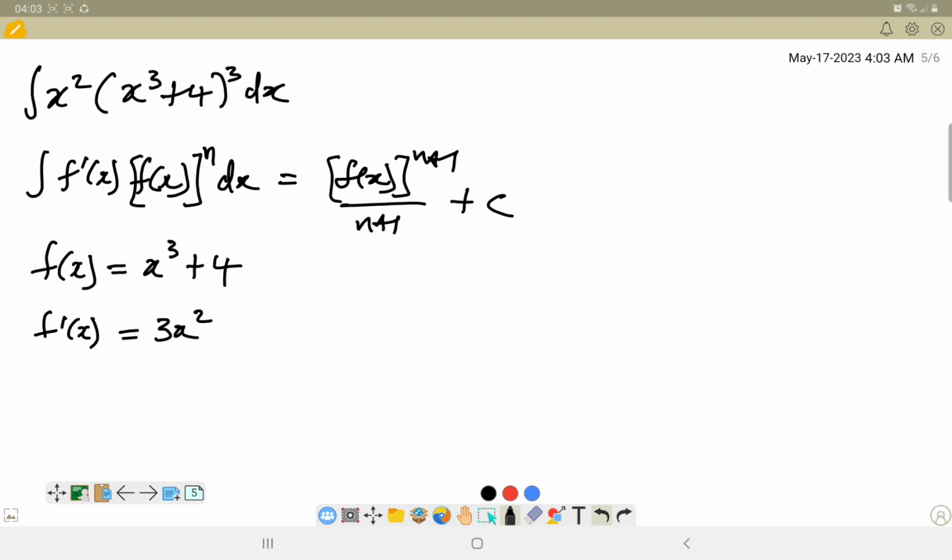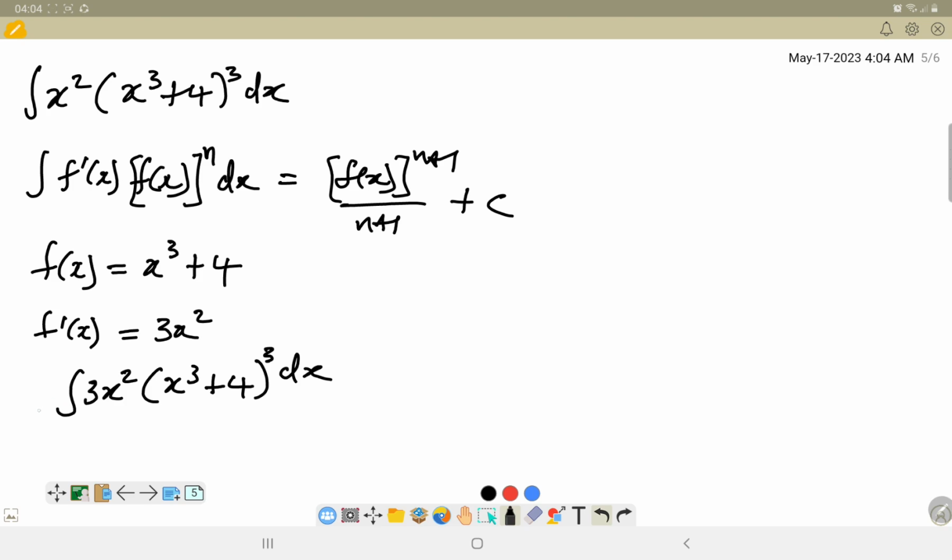Then we can see that on our question there, the derivative of f of x is not exactly the way we want it. So we can multiply x squared by 3 by rewriting. Then we have 3x squared times x to the power 3 plus 4 to the power 3 dx.